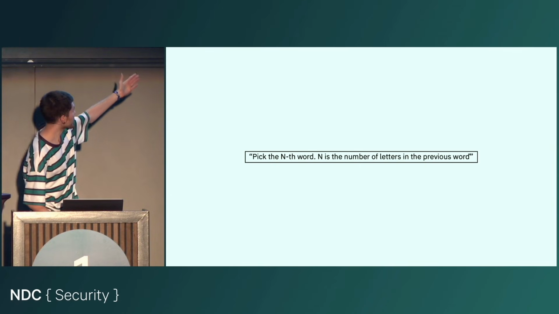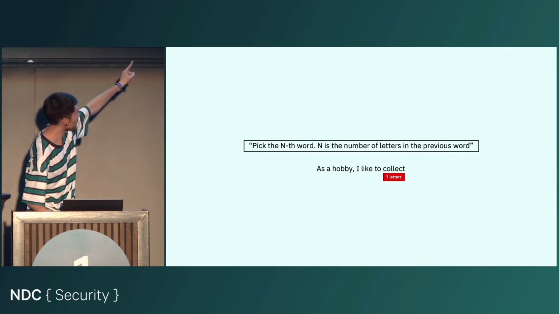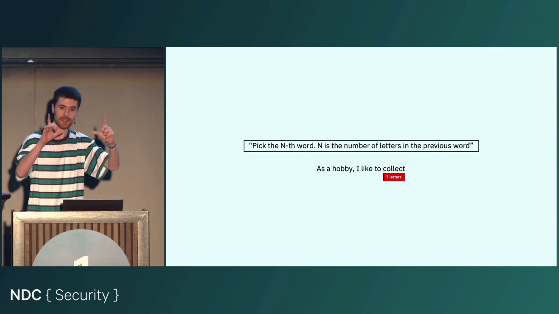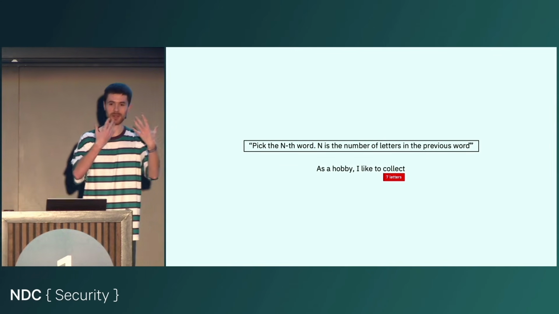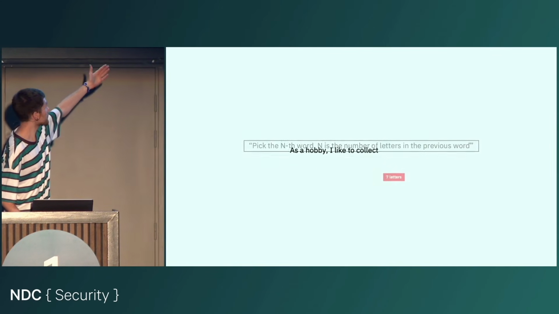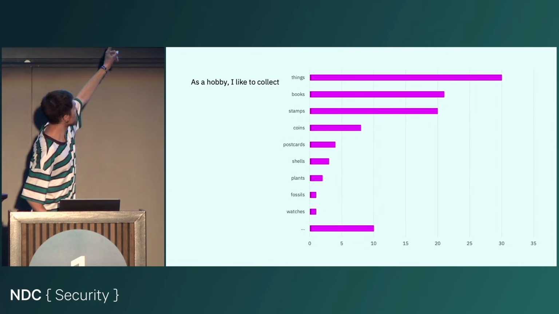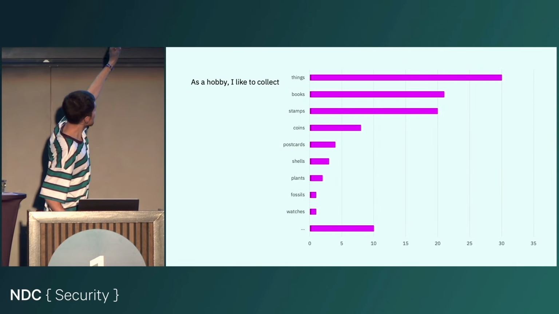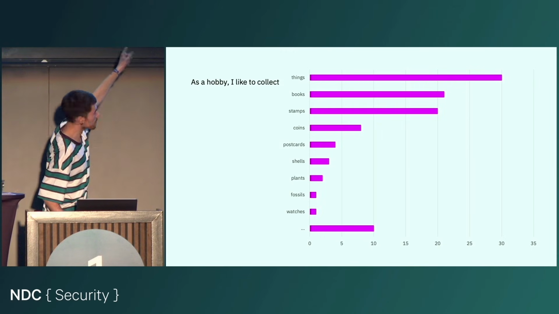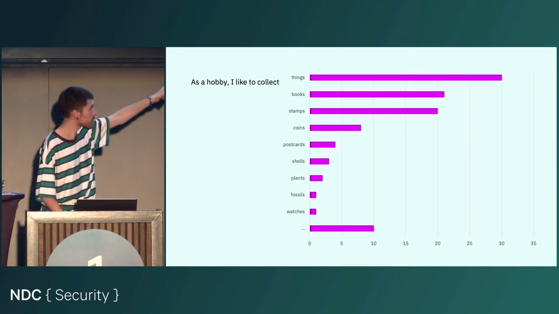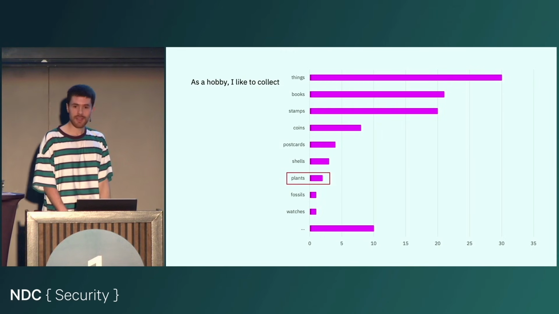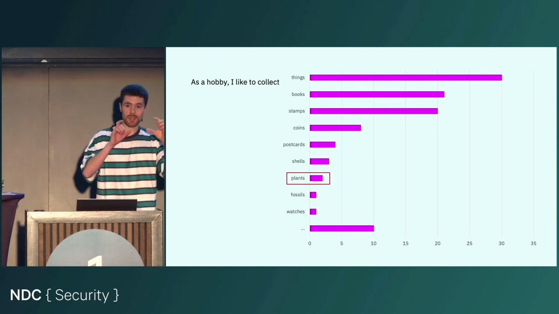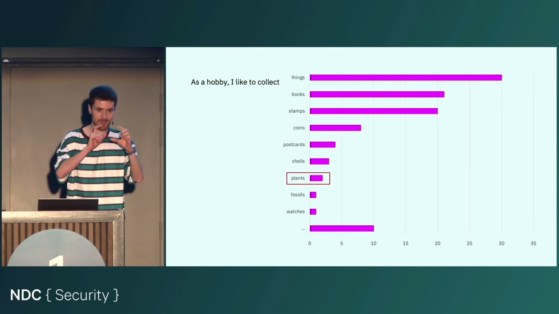So, for example, as a hobby, I like to collect, right? 7 characters. So we go to our probability distribution. It's here again. We start counting: things, books, stamps, coins, postcards, shells, and plants. So that's our 7th word. We pick that one, and that's our completion. And it can only be that one. It needs to be number 7.